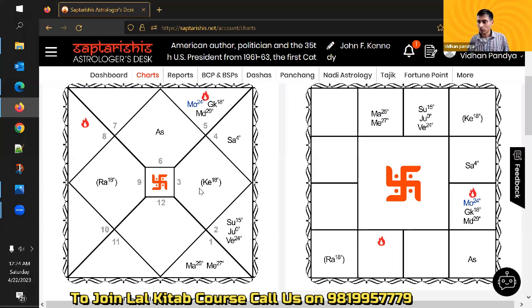Ketu is for blockage. Ketu is also cut. Mercury is also the planet of education. Gemini sign is the sign of writing. We write with the hands, right? And Gemini sign is to do with writing. Mercury is to do with writing.